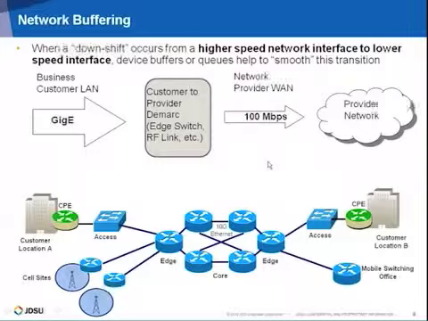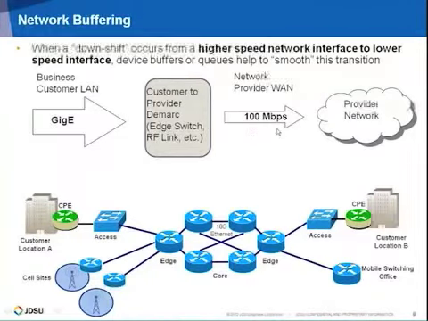What this picture is showing is a higher speed business customer LAN, for example, at a 1 gigabit Ethernet rate that is then connecting into the provider WAN, which is a 100 megabits per second service. So it's connecting at this demarc device, an edge switch, for example, that this downshift is occurring from the business customer LAN to the 100 meg WAN service that they're buying.